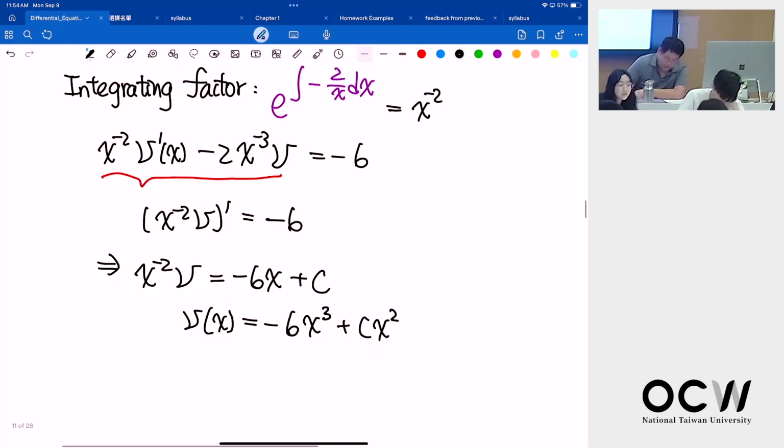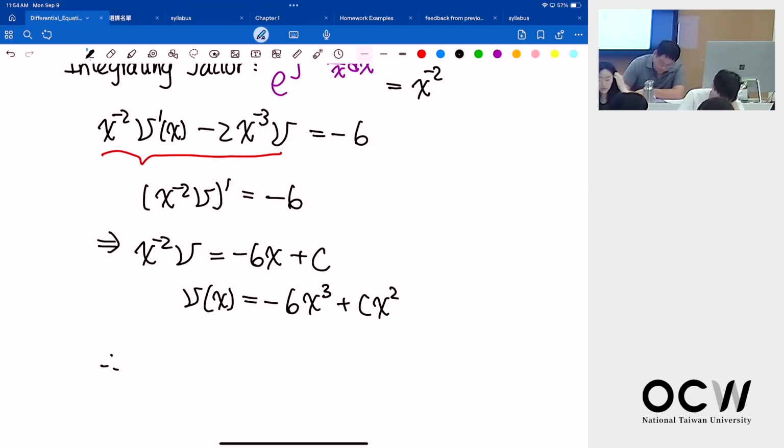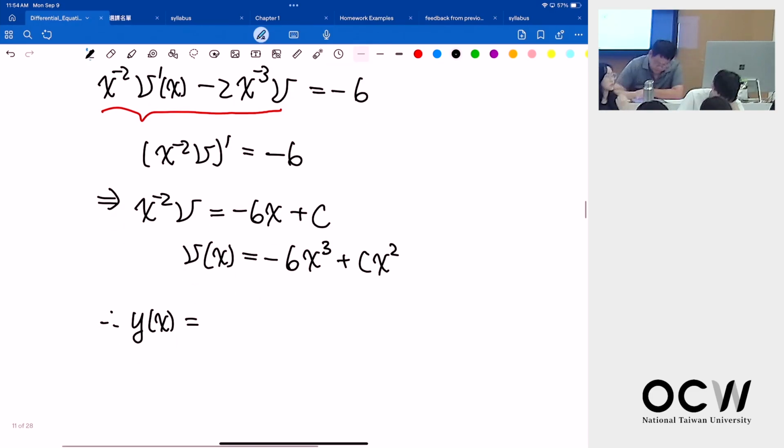And then your y, which is also your solution. Remember that the solution is mu to the minus 1 over 2. So there will be a square root of 1 divided by cx squared minus 6x cubed.